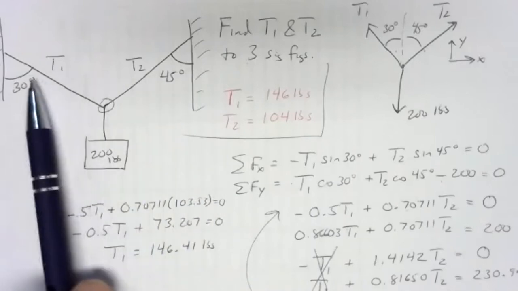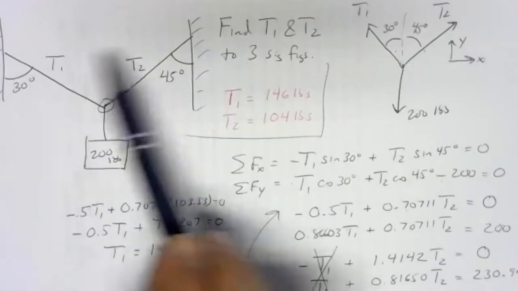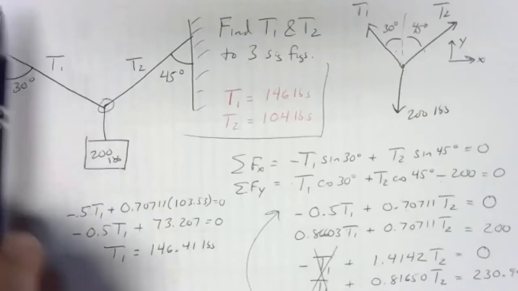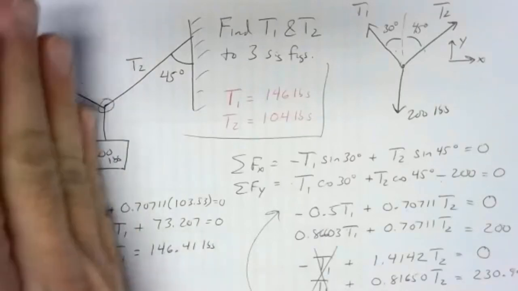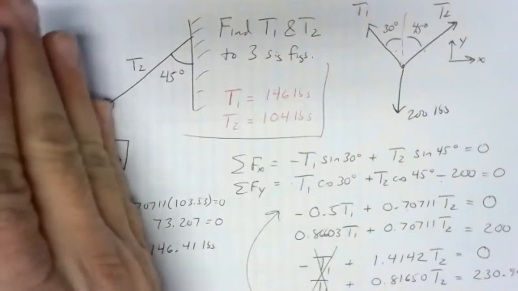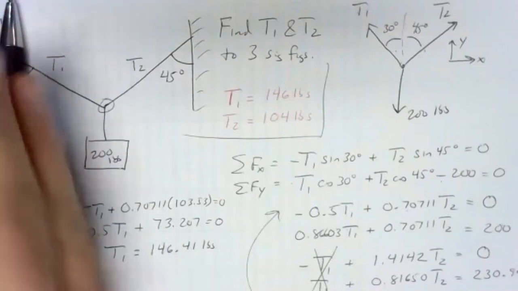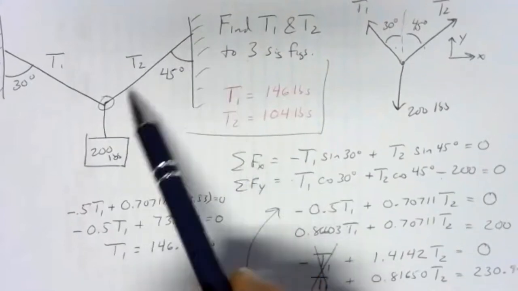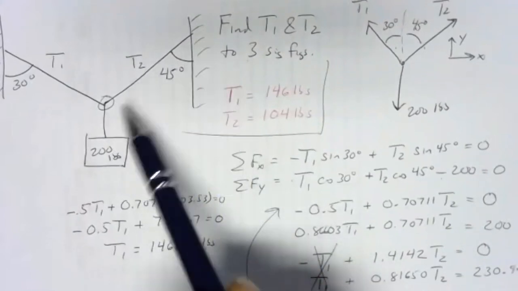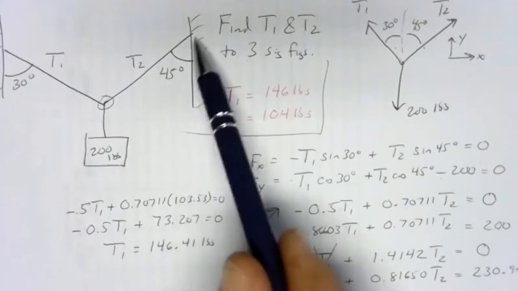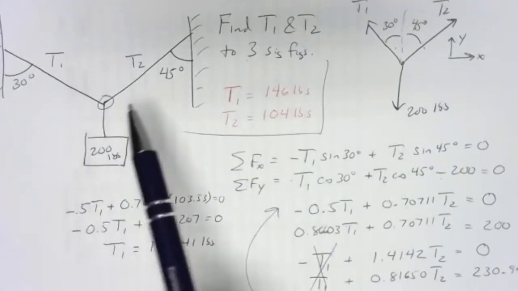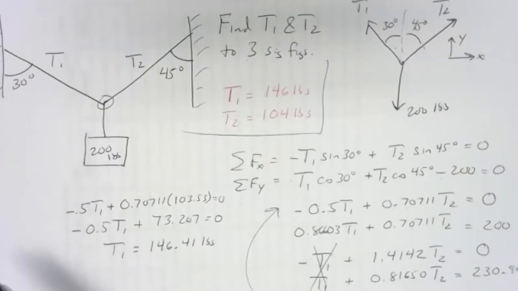The 30-degree angle, the drawing's a little bit misleading. 30-degree angle to vertical is a steeper angle. It's closer to 0. 45 is dead in the middle. So it's between steep and shallow. So the 30-degree line, T1, is supporting more of the load.